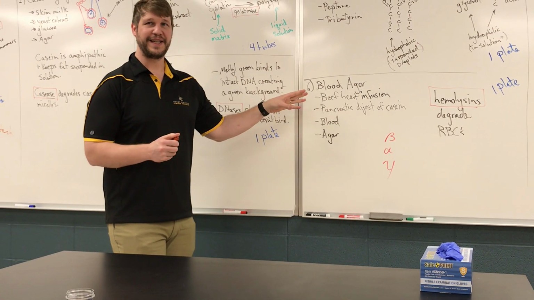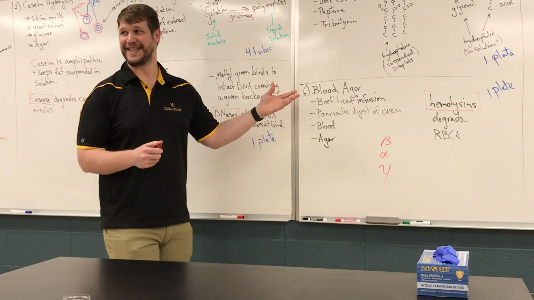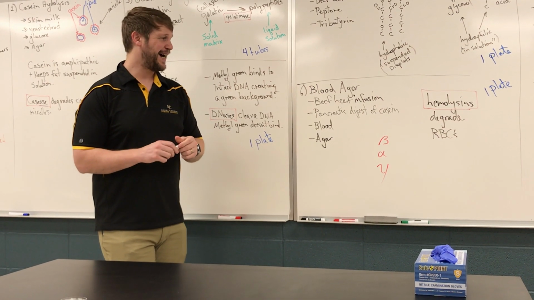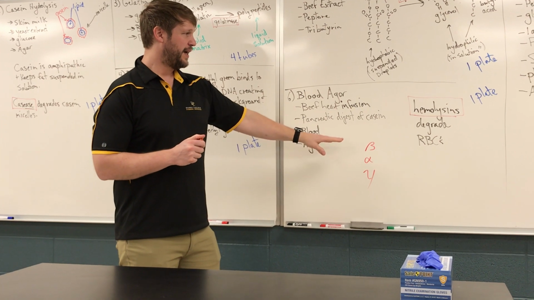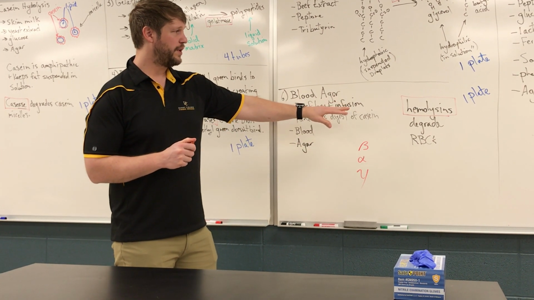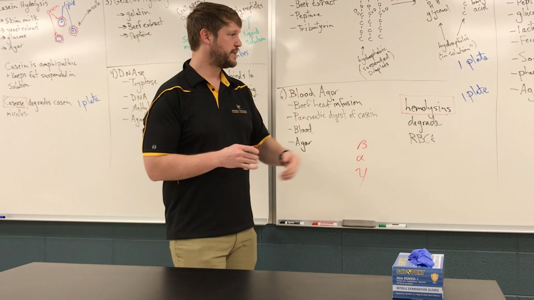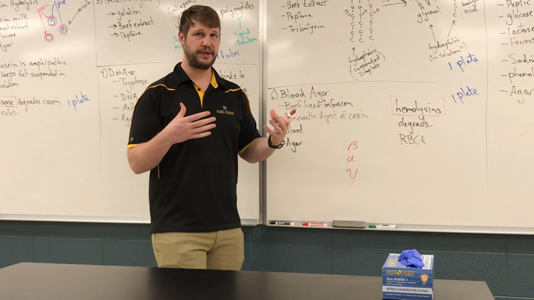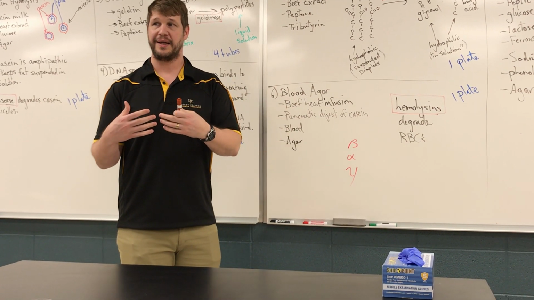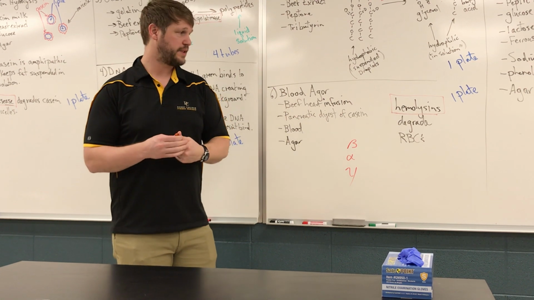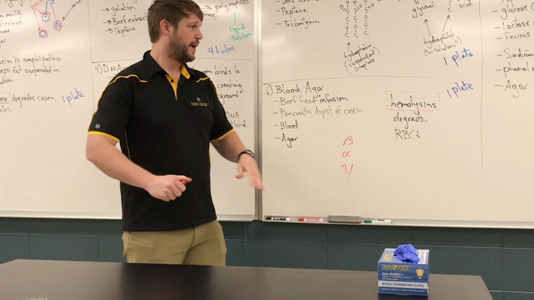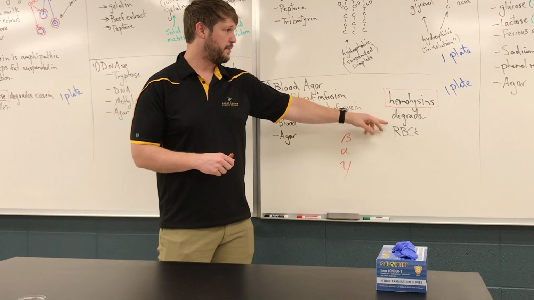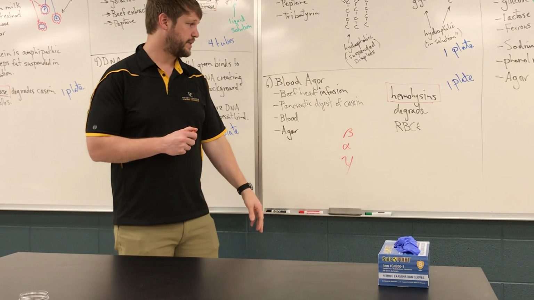It's interesting to look at the history of how people came up with some of these media. Maybe we'll talk more about that in class sometime. What we're looking for here is the presence of certain hemolysins, and there's a whole bunch of different hemolysins, and there's a different capacity of microorganisms to carry out hemolysis as a process. Overall, though, that is, as the name implies, the degradation of red blood cells.